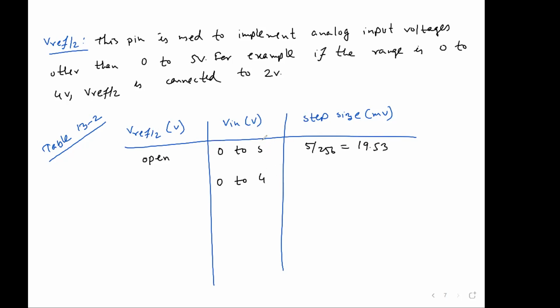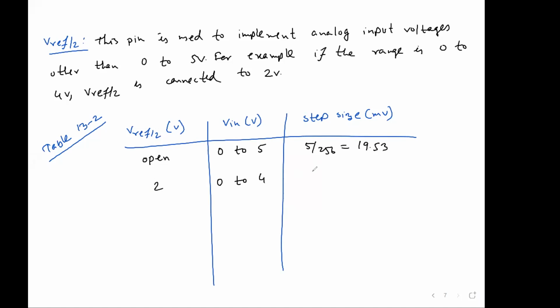Now tell me, if it is 0 to 4 volt, then Vref by 2 should be connected to which voltage? It is also given in the description as an example. So it is very obvious. Anyone? Your Vref by 2 should be connected to which voltage? The 2 volt. Yeah, very obvious, 2 volt.